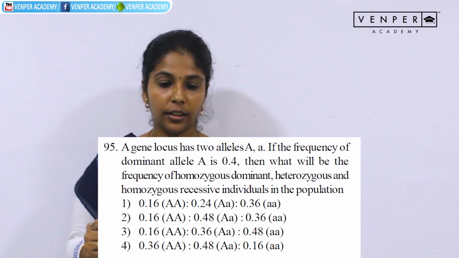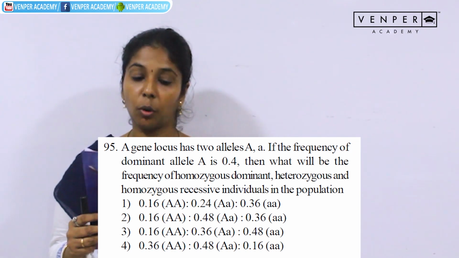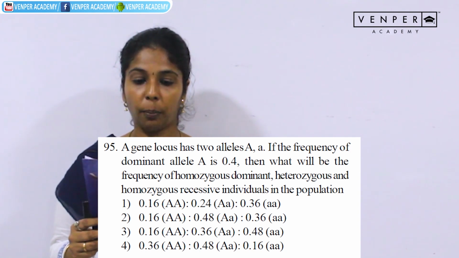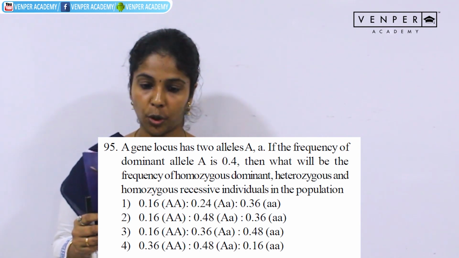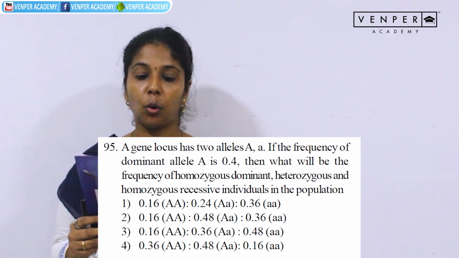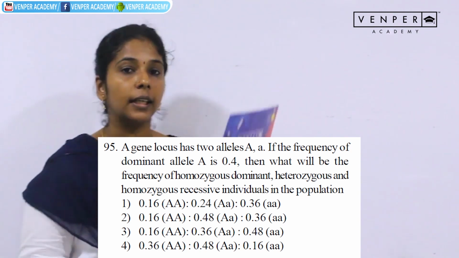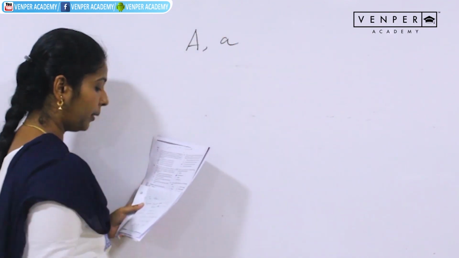Question number 95. A gene locus has 2 alleles, capital A and small a. If the frequency of dominant allele capital A is 0.4, then what will be the frequency of homozygous dominant, heterozygous and homozygous recessive individuals in the population? So there are 2 alleles given, capital A and small a.